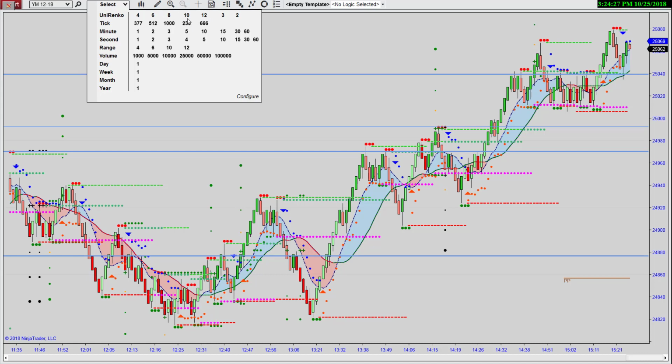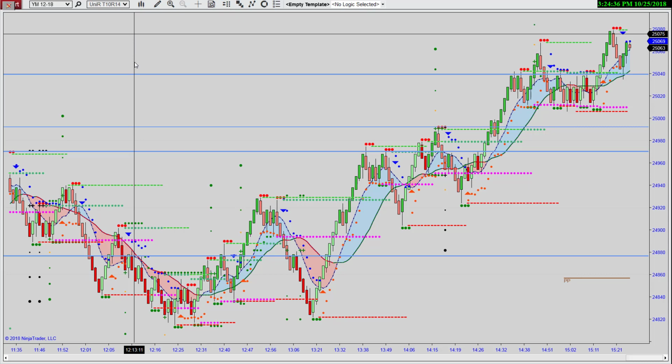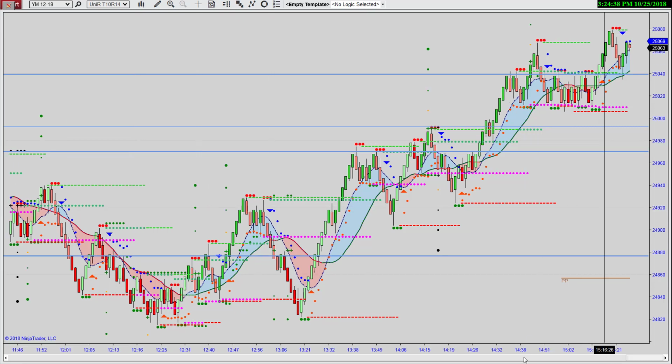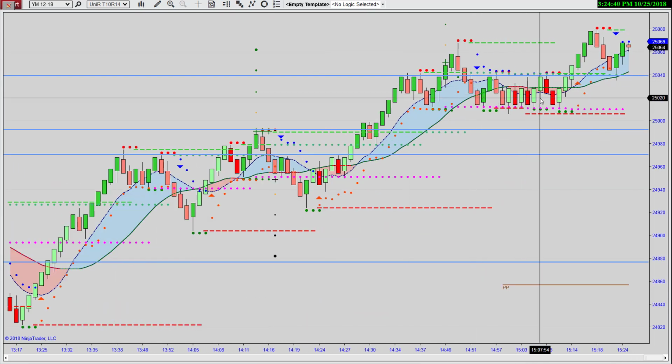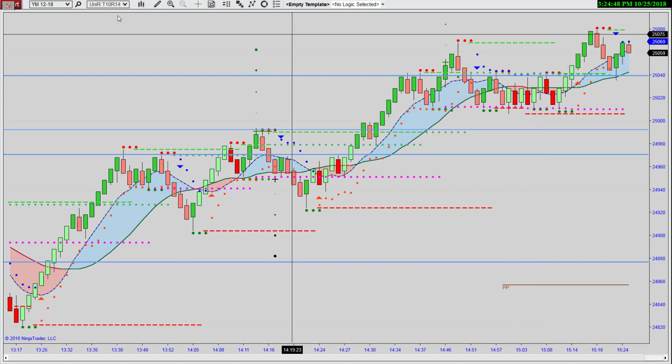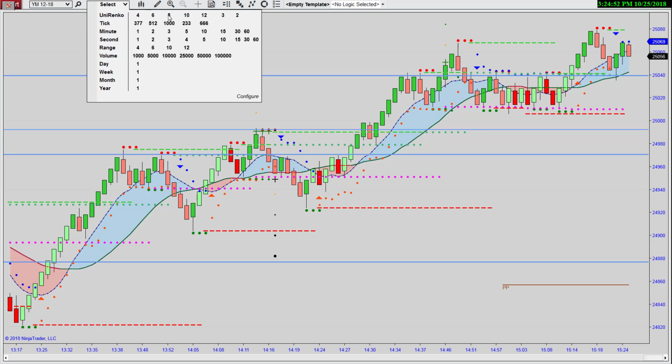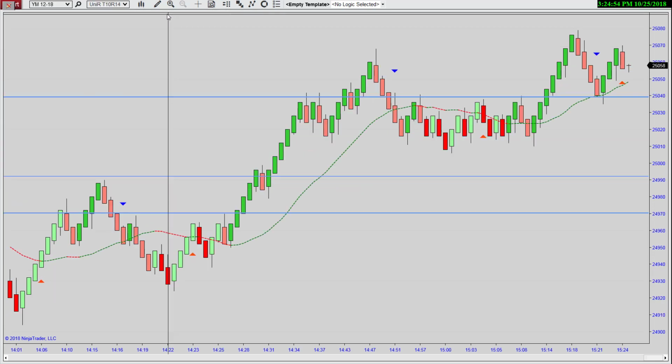In this case, we use 10 Unirenko, 8 or 6. When it's really, really volatile, I'll use 10, because the whole idea for using Renko charts is to see the trend. But on a more normal basis, I could use 8 bars.